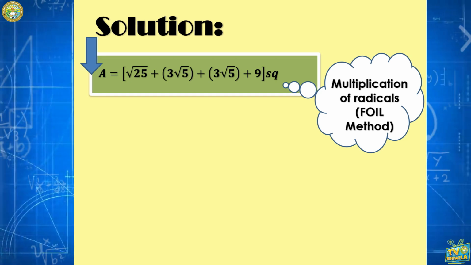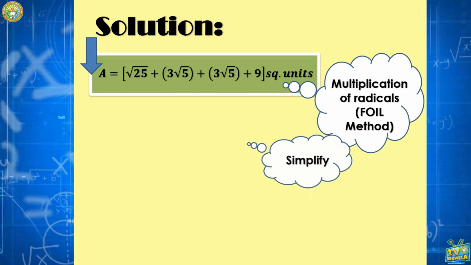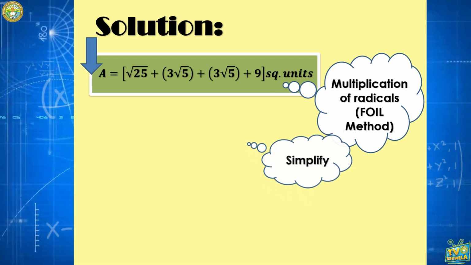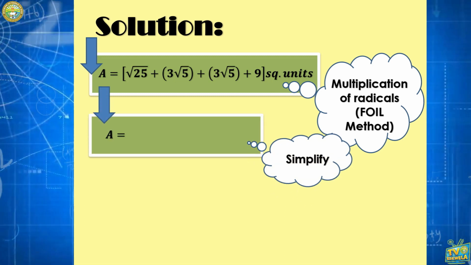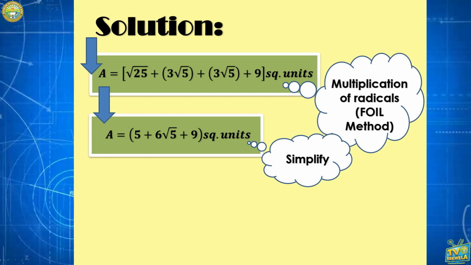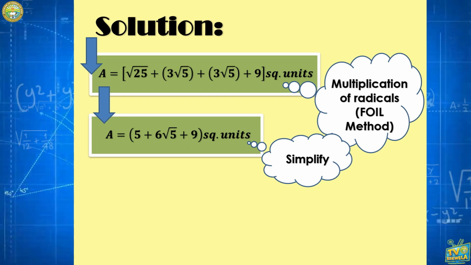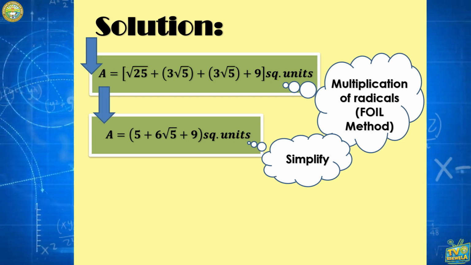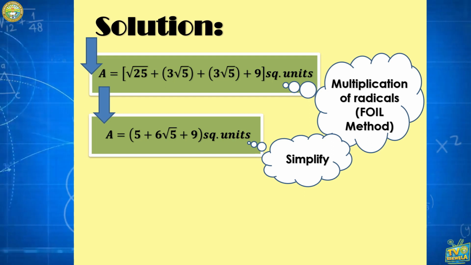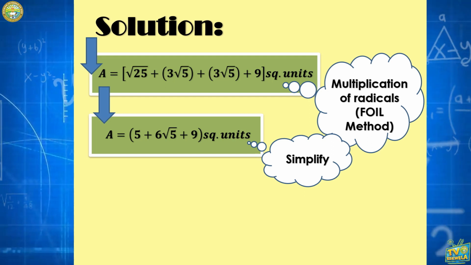By simplifying, this becomes A equals quantity 5 plus 6 square root of 5 plus 9 square units.